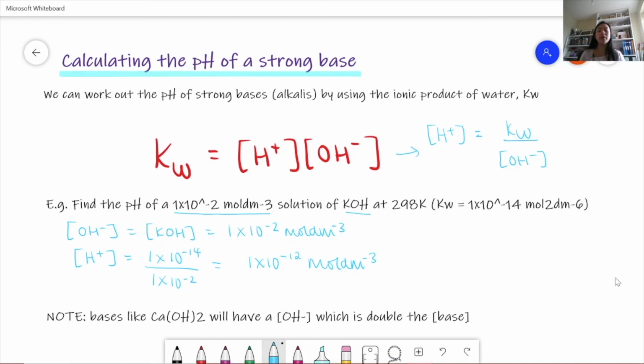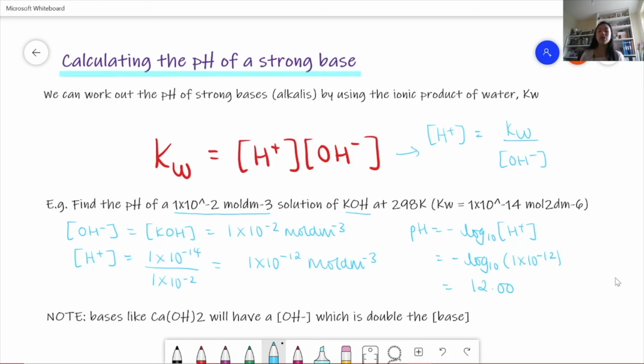Then we can use the normal pH formula, pH equals minus log to the base 10 of the concentration of H+ ions, to work out the pH. So we get minus log to the base 10 of 1 times 10 to the minus 12, and so the pH we get is 12.00.